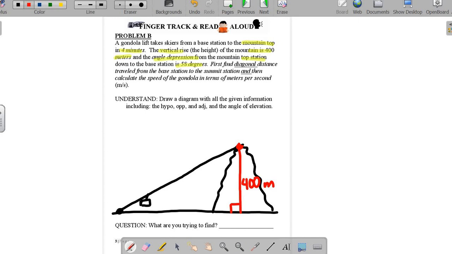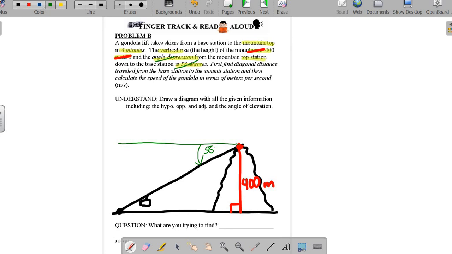So that's vertical. Cross that out. 400 meters. Angle of depression, that starts at a horizontal and goes downward. So you have to draw in that horizontal line, angle downward. That is your angle of depression, and that is 58 degrees.